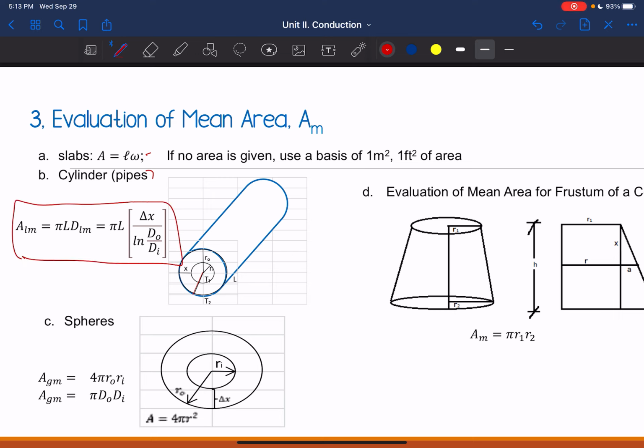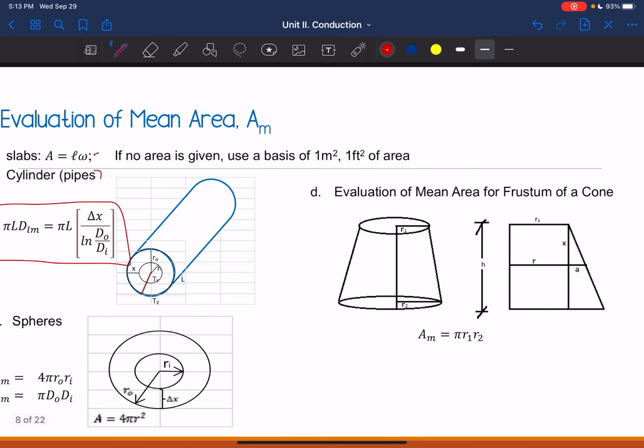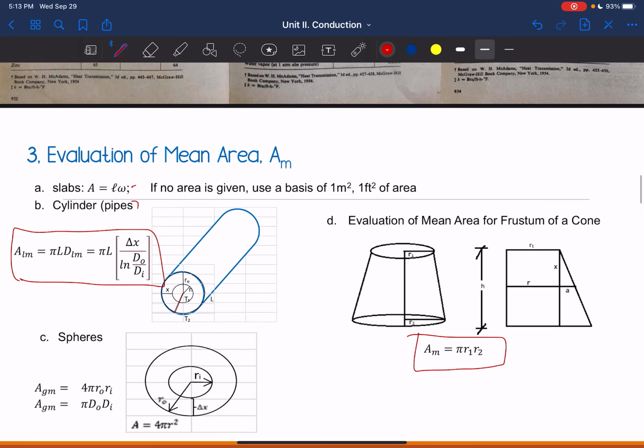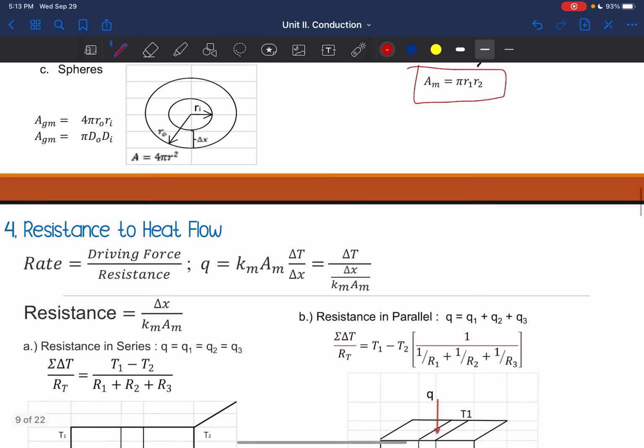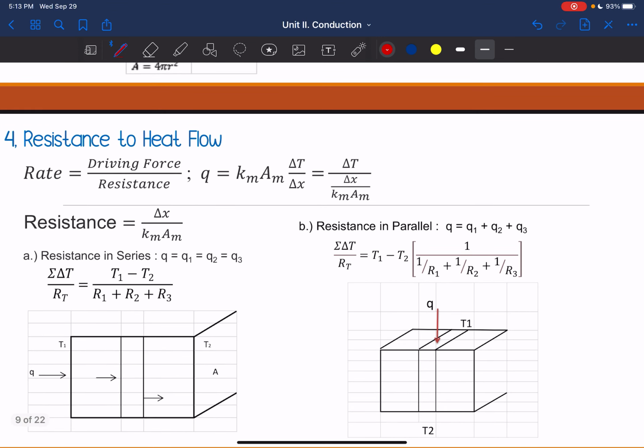Okay? For spheres, it's just pi Ro Ri, and for a frustum of a cone, it's just pi R1 R2. So I won't need to dwell on the derivation of these equations because, as I've said, it is found already in your module.